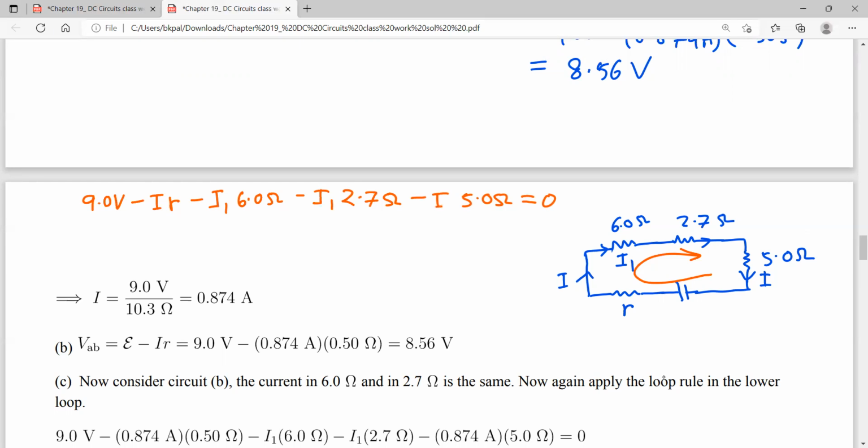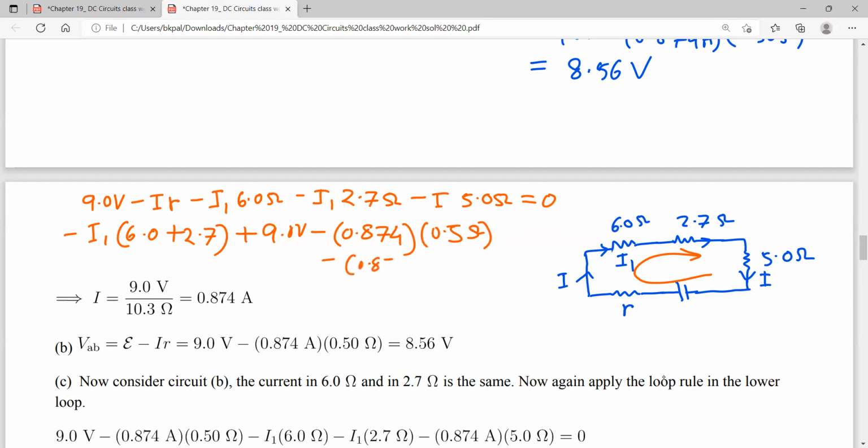If I solve it for I1, I get something like this: I1 times (6 plus 2.7), plus 9 volt, minus I times 0.874, small r is 0.5 ohm, and then minus 0.8745 times 5 ohm, that is equal to 0.